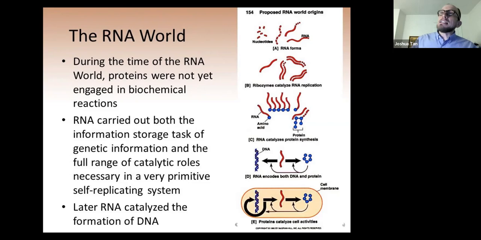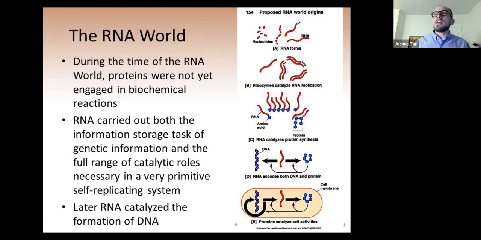In our bodies today, many of the chemical reactions inside of cells are mediated by proteins. They're catalyzed or given enzymatic action by proteins. But those sorts of catalyzed reactions can occur with just RNA as well.